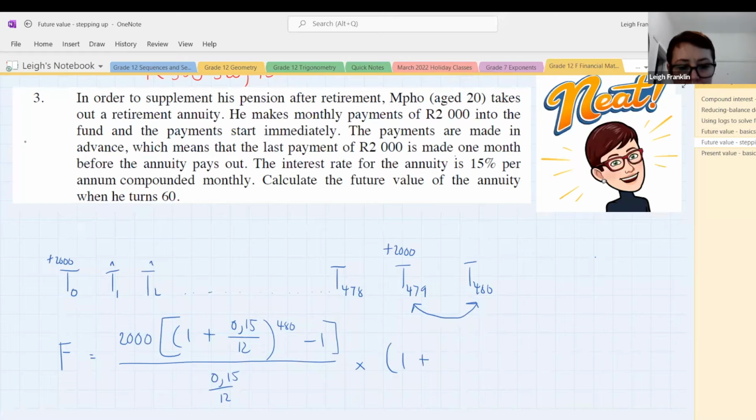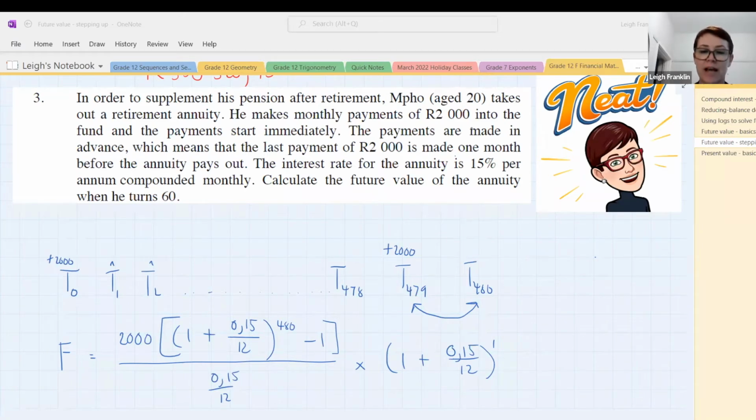So we're going to multiply that by our new bracket. His interest rate stays the same, compounded monthly. And again, his money is going to be in the account for 1 month, compounded monthly. So the exponent here is going to be to the power of 1. Remember, he starts at T0.